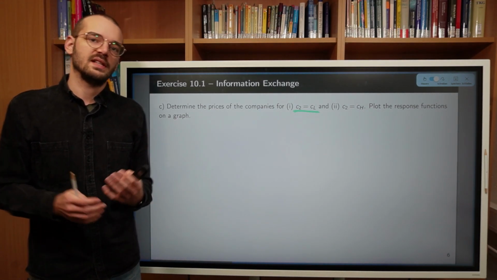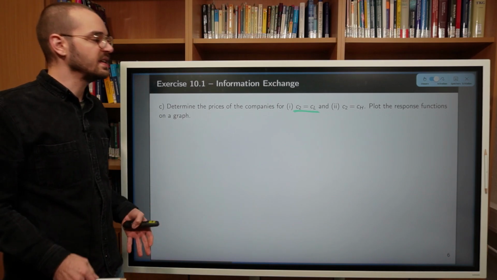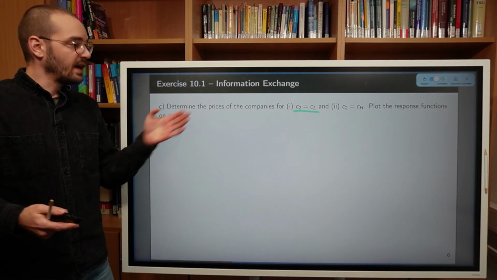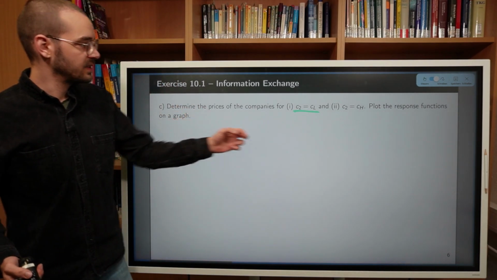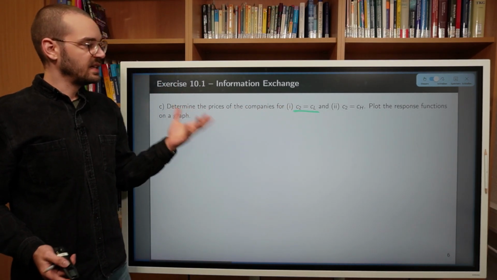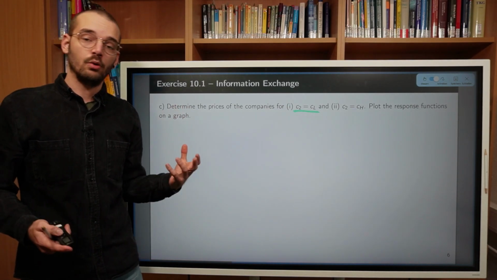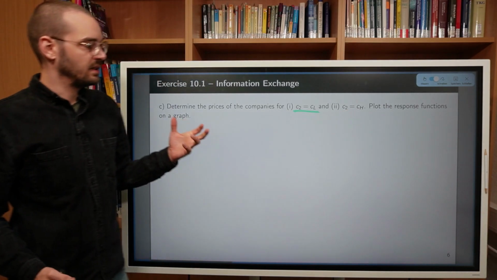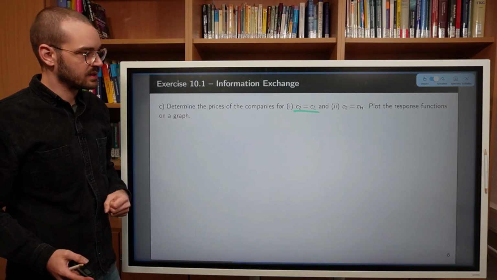We simply treated it as a parameter and said it is deterministic and takes value C2. So we now have two options: first, C2 might take a value of CL, the low marginal costs, or alternatively, it takes a value of CH, the high marginal costs.